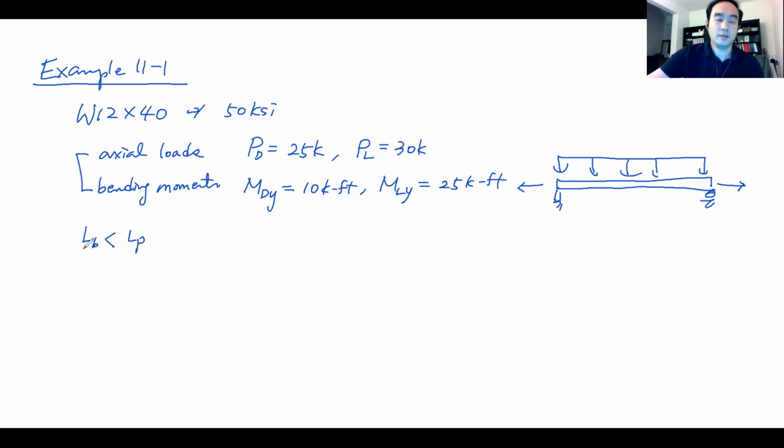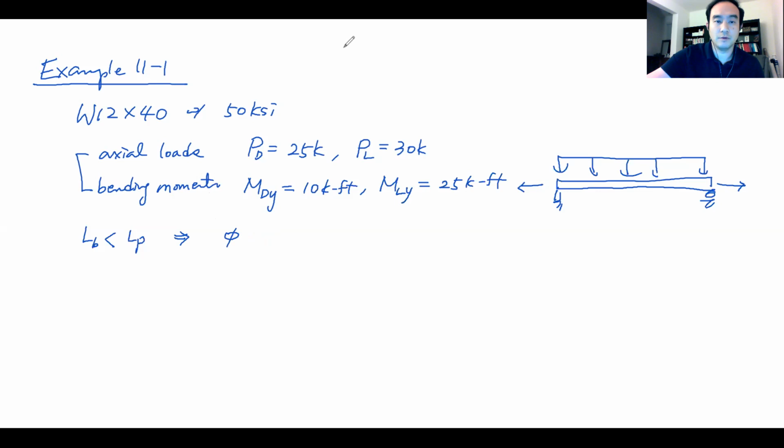Okay, and it says LB is less than LP. That means we can maximize our capacity, which is MP, right? Okay, so we can think of it like this is our.